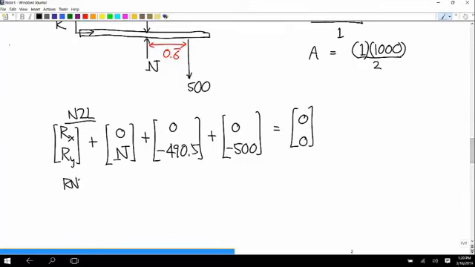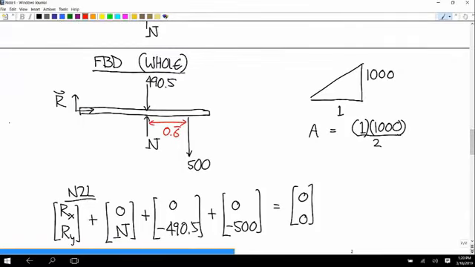And the moment equation, we can choose an about point. I guess I'll choose this one. So there's no moment produced by R. The 490.5, if this is the about point, the moment arm is 1. Would that force produce a clockwise or counterclockwise moment?